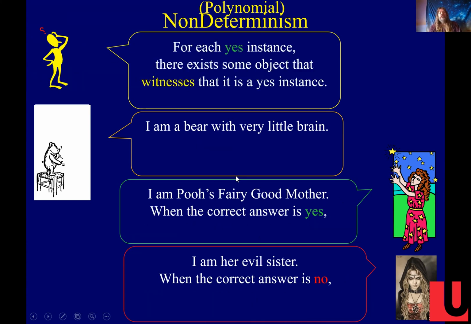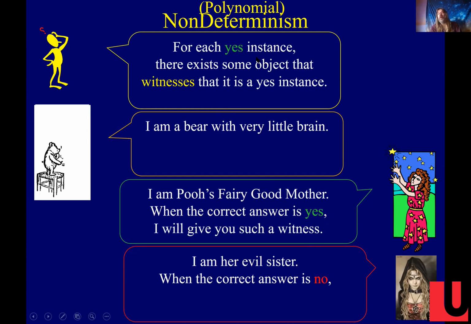All right. So how does that work? Well, in all the non-deterministic problems, what makes the yes instances yes instances is that there exists some object that witnesses or proves the fact that it's a yes instance. And what is the fairy godmother going to do when it's a yes instance?